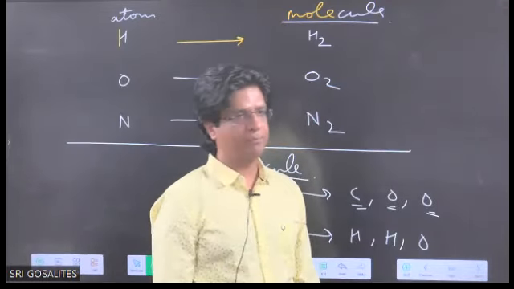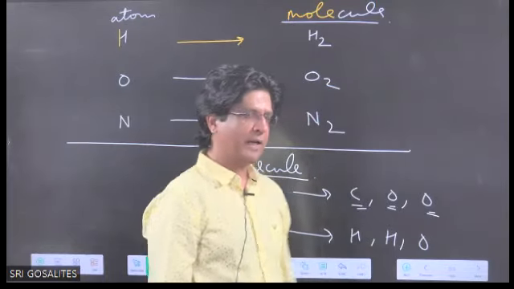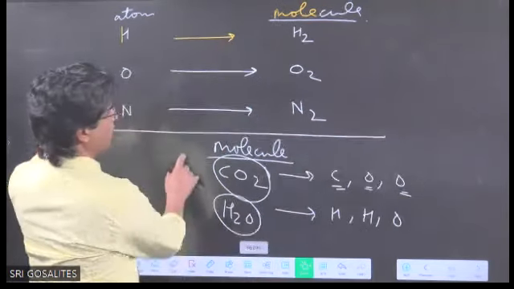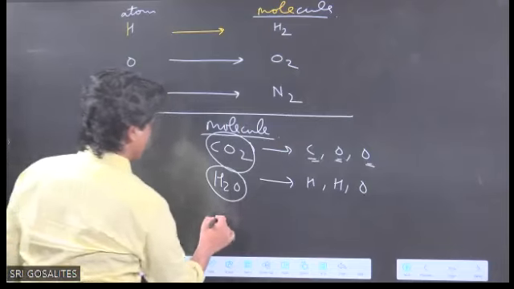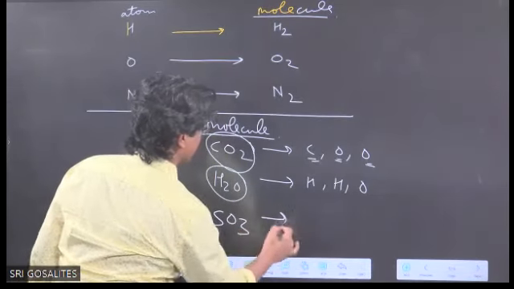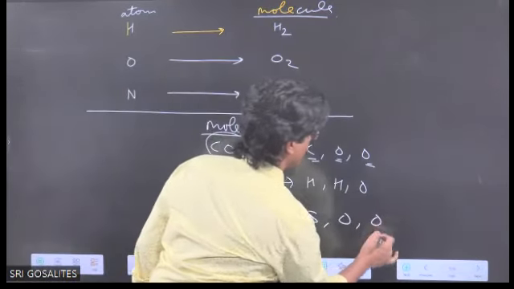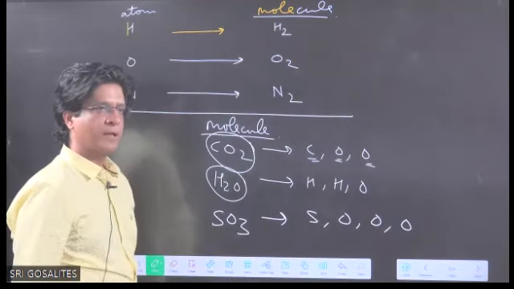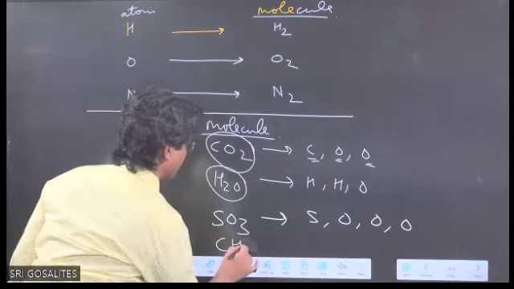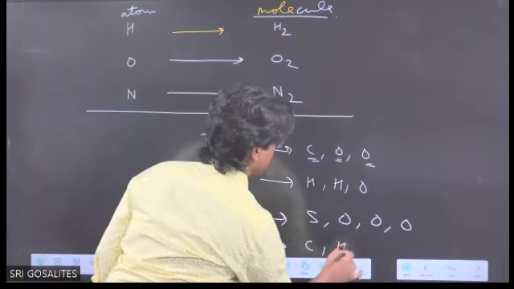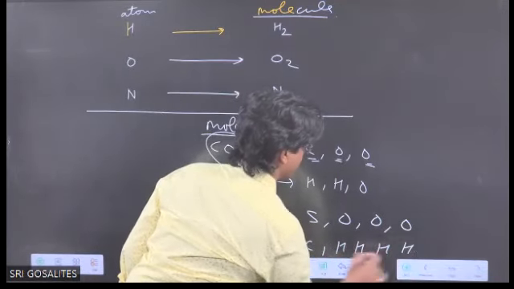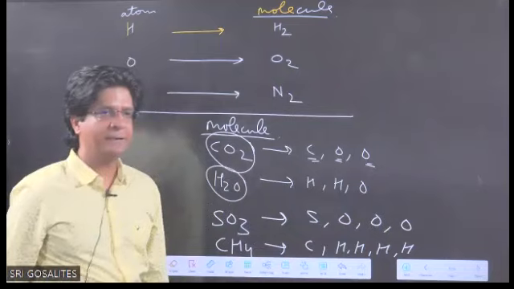Yes, N2 also is there, don't worry at all. Like we can have SO3. It is made up of sulfur and 3 oxygen atoms. Yes, we can have CH4 also. CH4 will be C and a combination of 4 hydrogen atoms. Is that clear?